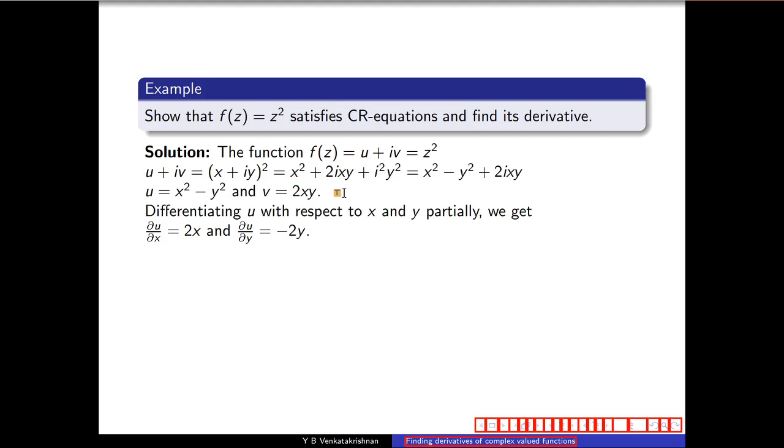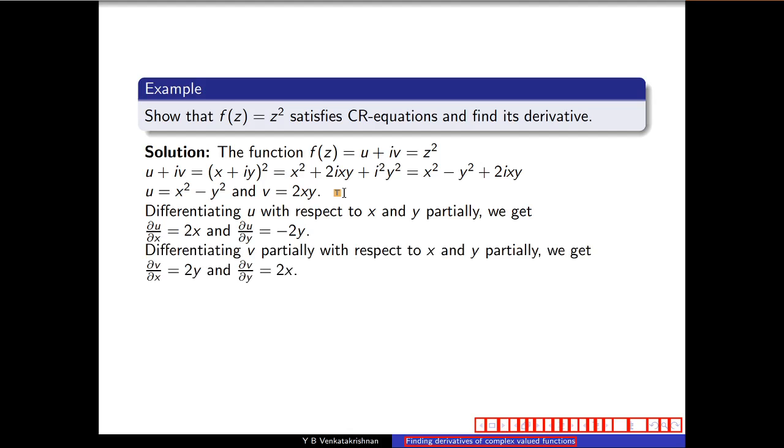When I differentiate u partially, I get dou u by dou x as 2x and dou u by dou y as minus 2y. Similarly, when I differentiate v partially with respect to x and y, I get dou v by dou x is equal to 2y and dou v by dou y is equal to 2x.